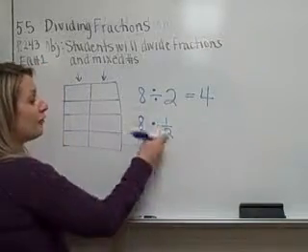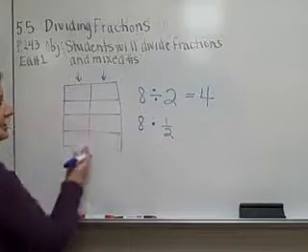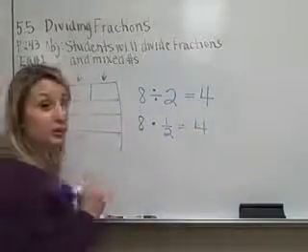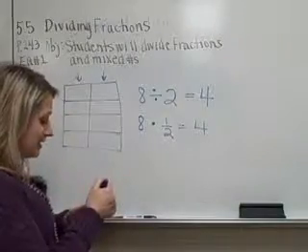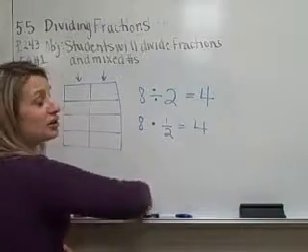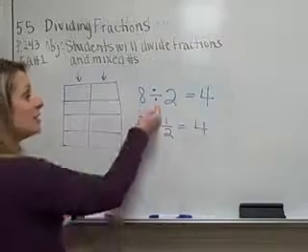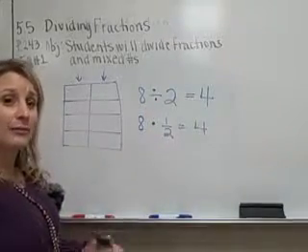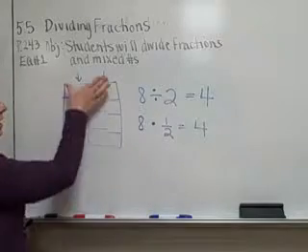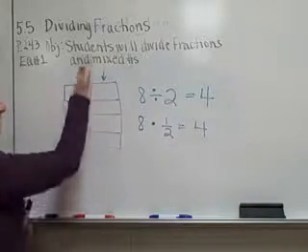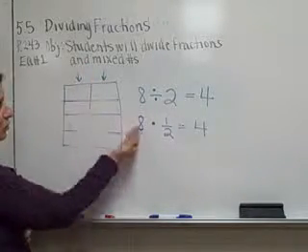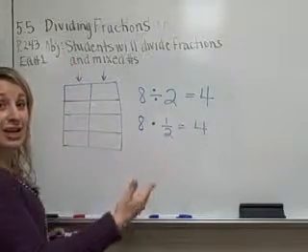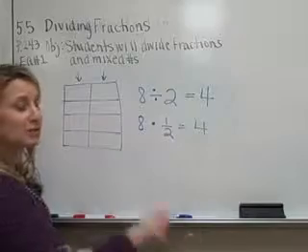If you took half of 8, you would get 4 as well. So dividing by 2 and multiplying by 1/2 give you the same amount. They do the same thing. They take whatever you have and divide it into 2 equal groups, or take half of what you have, which is also taking 1 of 2 groups.